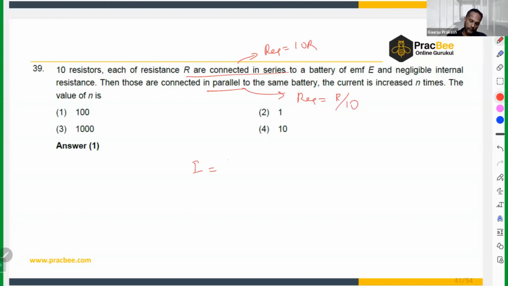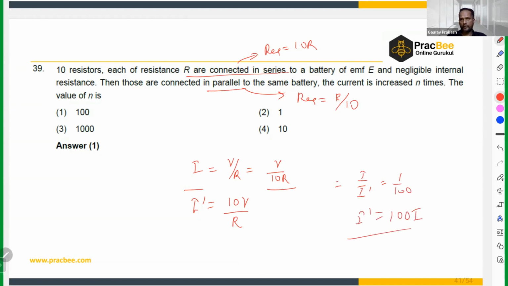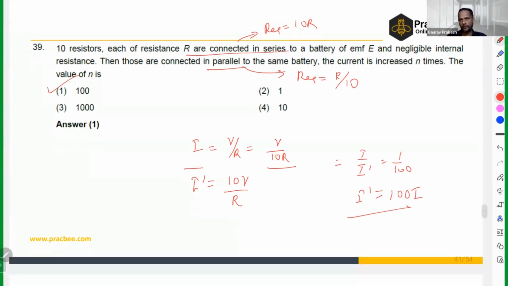Current is voltage divided by resistance, so V upon 10R, and then I dash is V upon R by 10, that becomes 10V by R. So you just have to take the ratio. I by I dash is 1 by 100. So I dash is 100 times I. So it becomes 100 times. First is the correct answer.